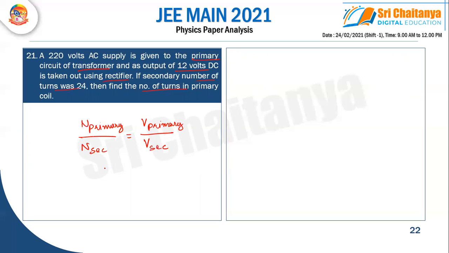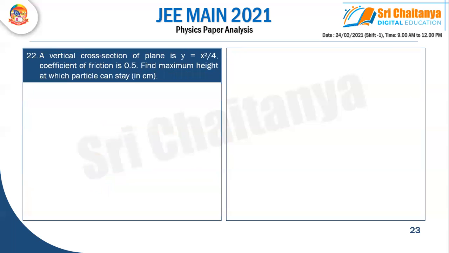So we have N primary by 24, since the secondary is given as 24 here. The primary voltage is given as 220, and the other one is 12 volts, and here you are going to get NP is equal to 440. So you'll be getting 440 turns here as the answer. We'll move on to the next question.